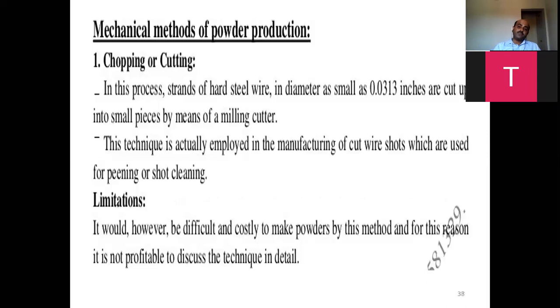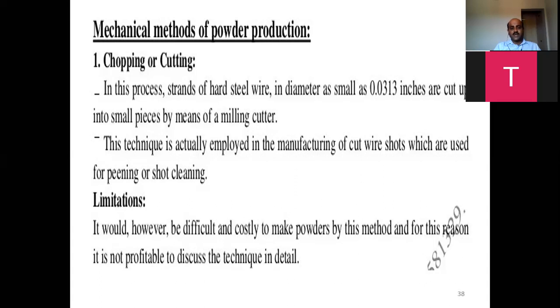Okay? Let us start with the first case now. Mechanical methods of powder production. Here the first method is chopping or cutting.